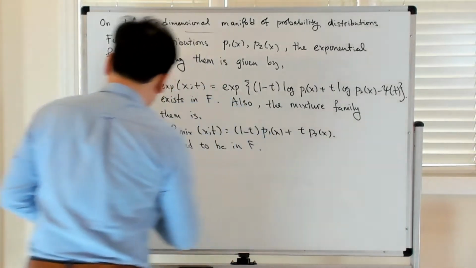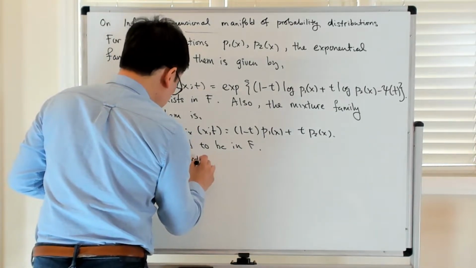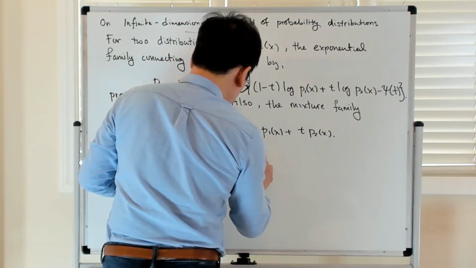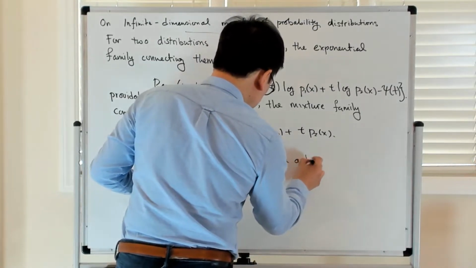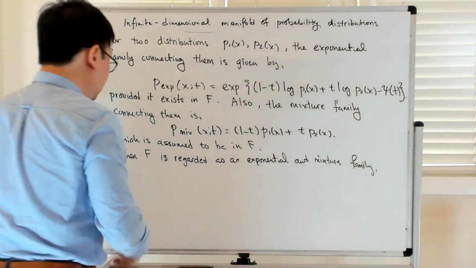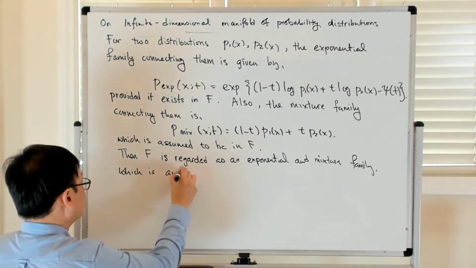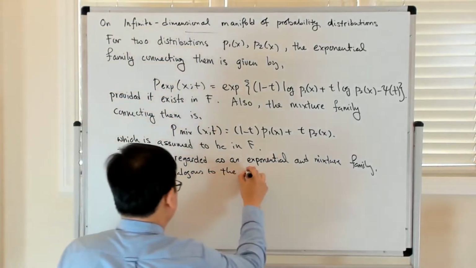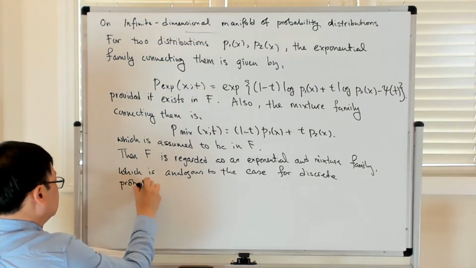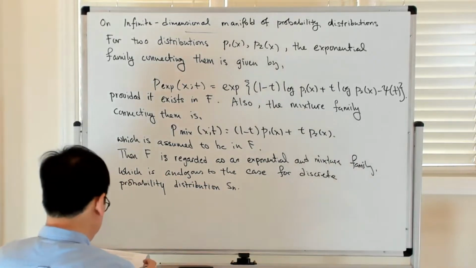So F is regarded as an exponential and mixture family, which is analogous to the case for discrete probability distributions, which you recall is denoted by Sn, the probability simplex.